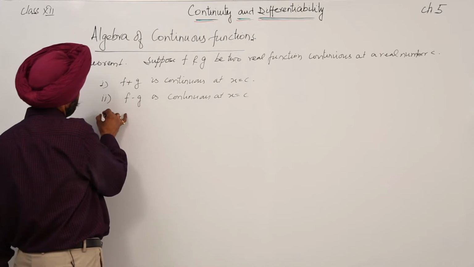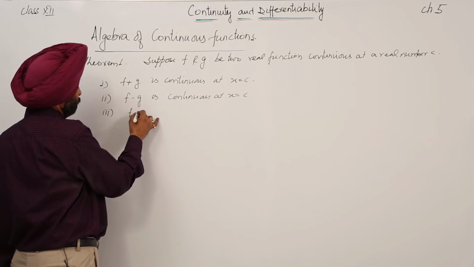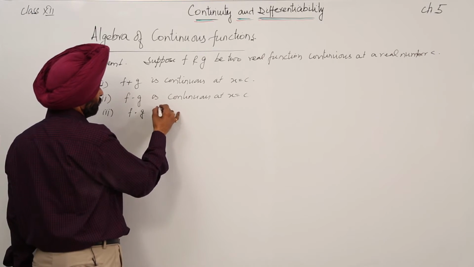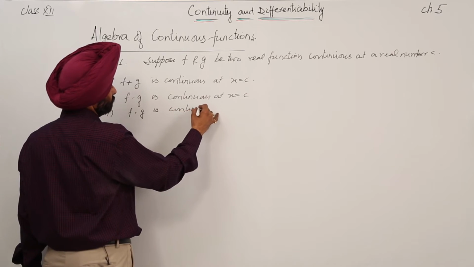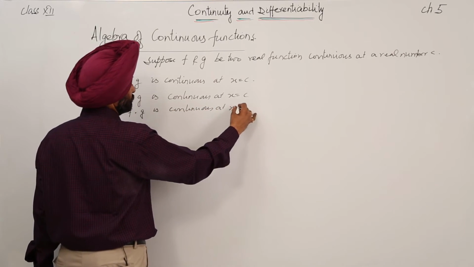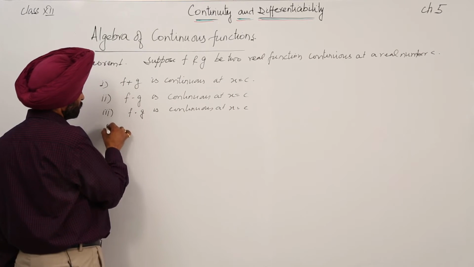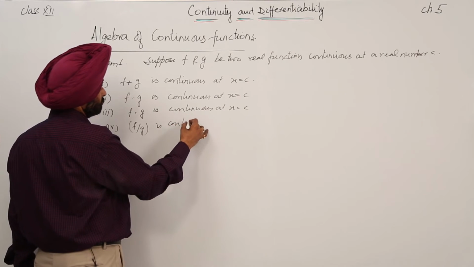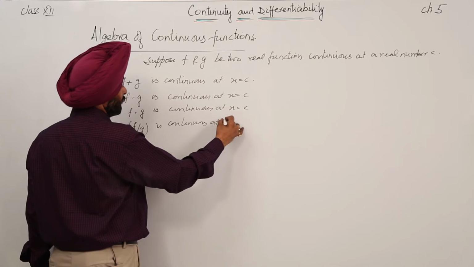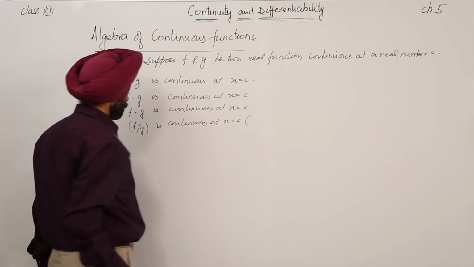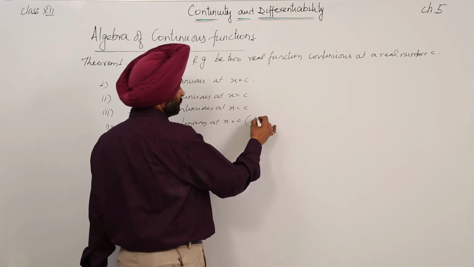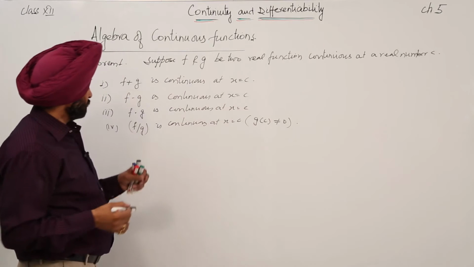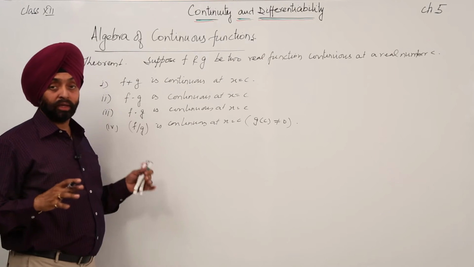Number 3, f multiplied by g, two functions when they are multiplied, is continuous at x is equal to c. And fourth part, f upon g is continuous at x is equal to c, where g(c) should not equal 0. Otherwise, when g(c) becomes 0, the function will be undefined.